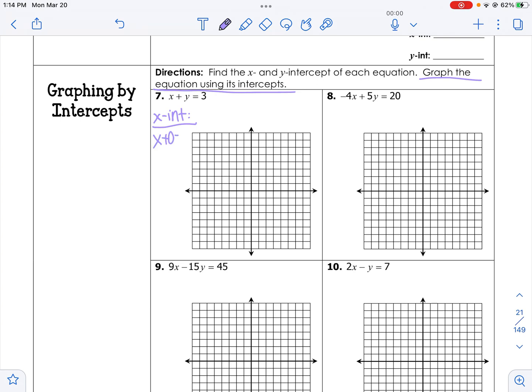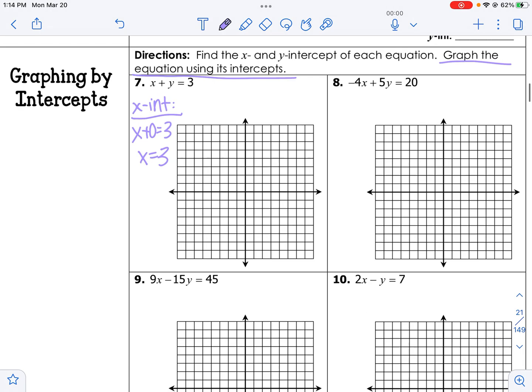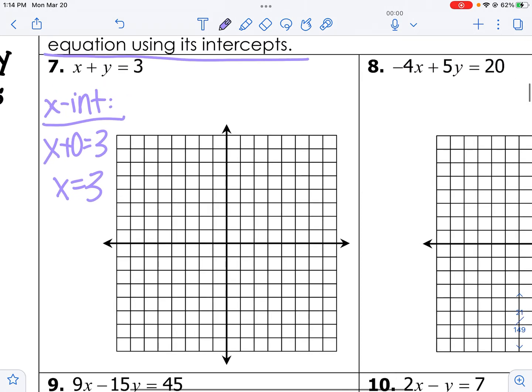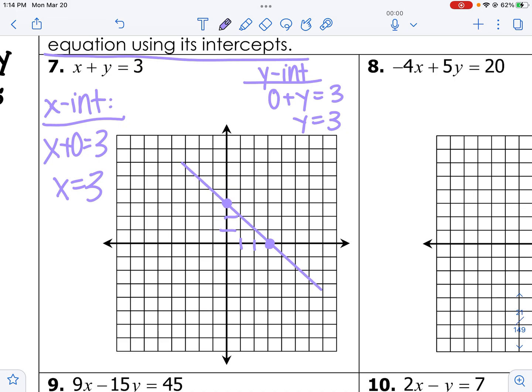So x plus 0 equals 3. X equals 3. That's where it's intercepting the x-axis. So 1, 2, 3. And for the y-intercept, you are substituting 0 for x. So 0 plus y equals 3. Y equals 3. 1, 2, 3. And then you would just draw a line connecting those.